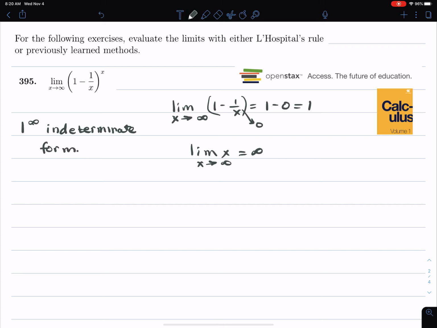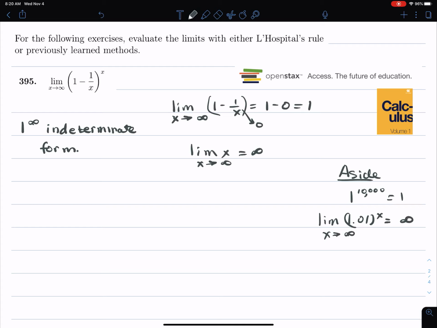The reason I would say it's an indeterminate form is, this is just a little aside, if you take 1 to, whatever that is, the 10,000 power, that's 1. But on the other hand, if you look at the limit of 1.01 to the x power as x goes to infinity, that's an exponential function with a base greater than 1.